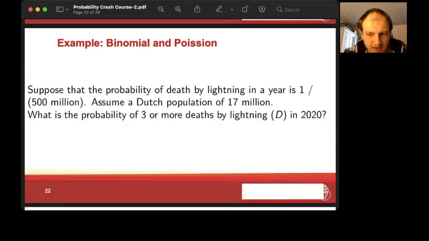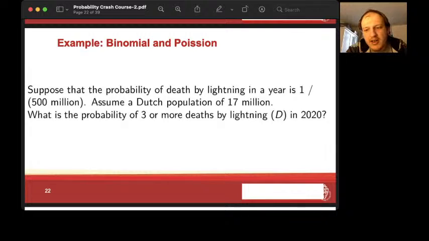Okay, so when we have this sort of problem, first, a person either dies or doesn't die by lightning, which is a binary event, which means that we can model it with binomial, and it's also rare enough to be modeled by the Poisson distribution.